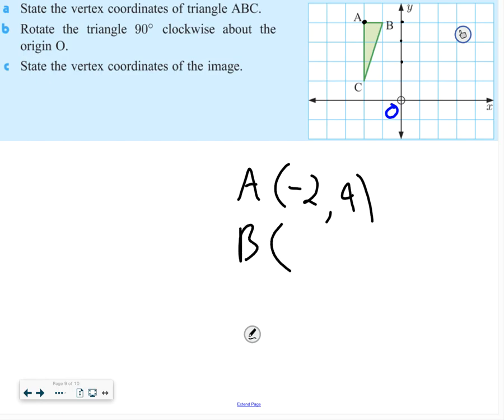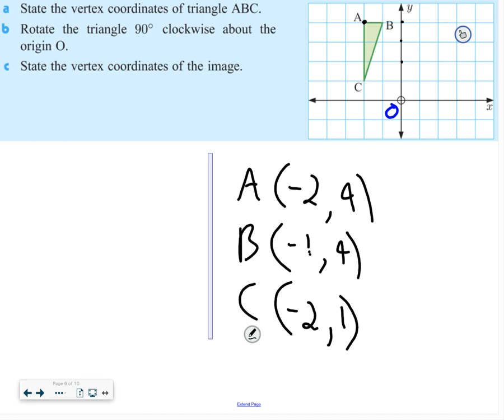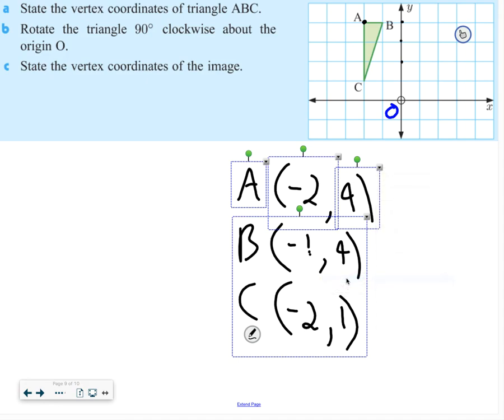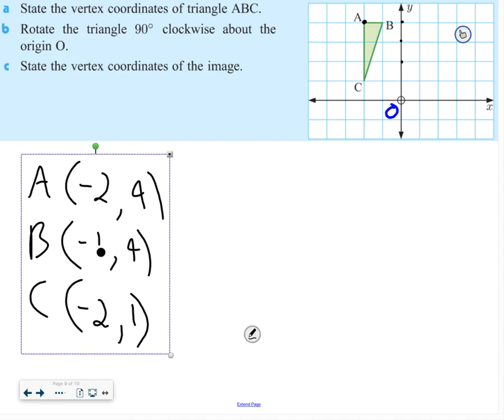B is -1, 4, and C is -2, 1. All those I'm going to move off to the side, and we stated our origin.